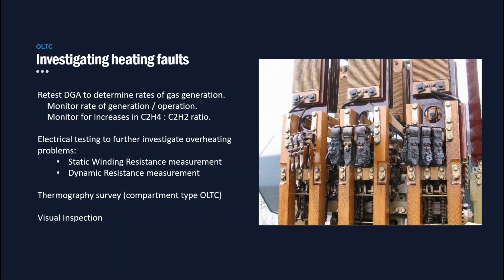You can consider electrical testing, such as static winding resistance and dynamic winding resistance. You can do a thermography survey for certain types of tap changer, and also do an internal inspection to look for burned contacts. The image on the right was taken from a CIGRE technical brochure, and it's an ABB in-tank on-load tap changer with burned contacts.